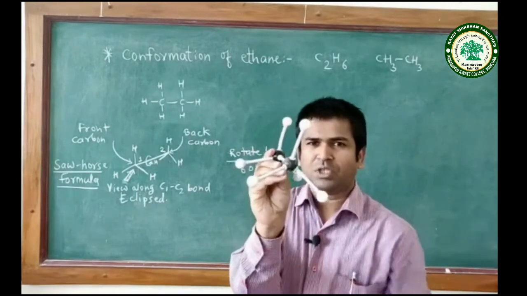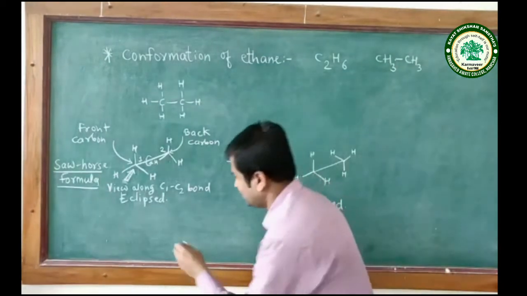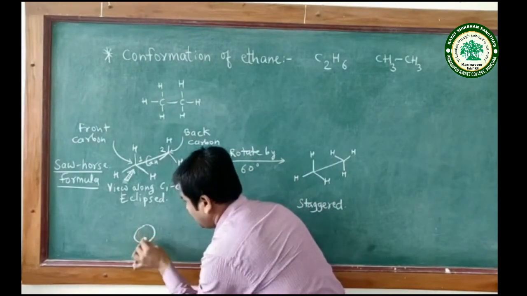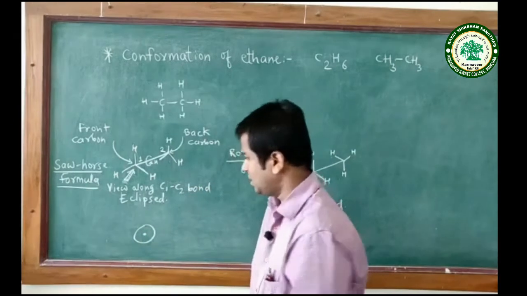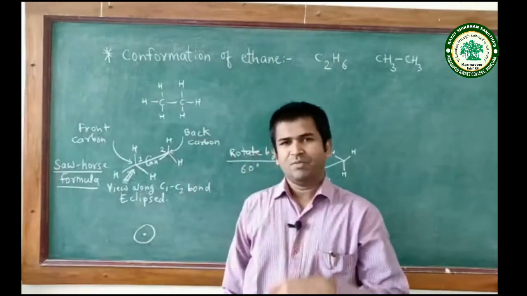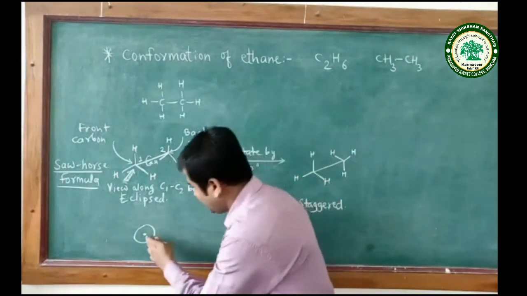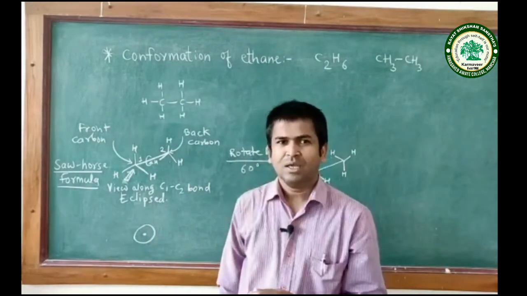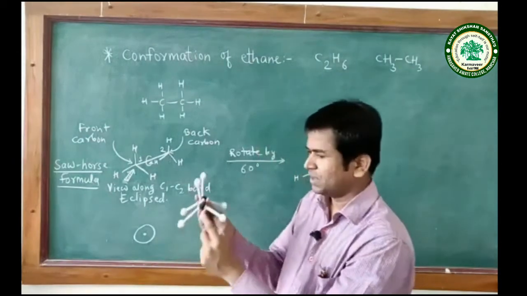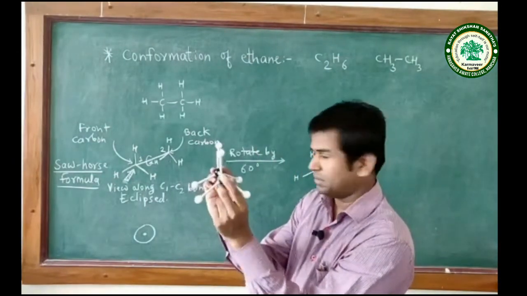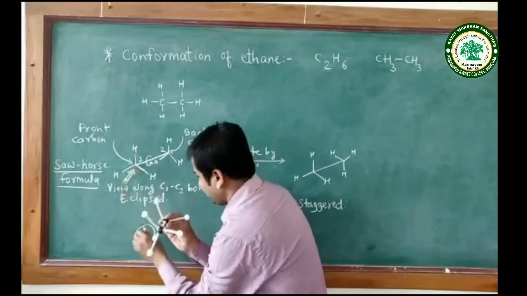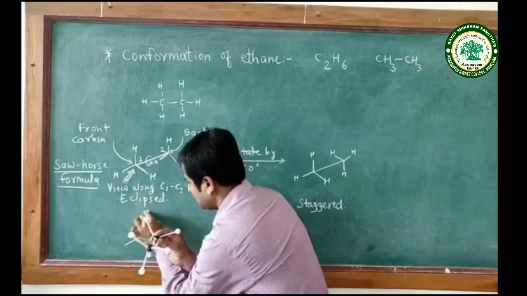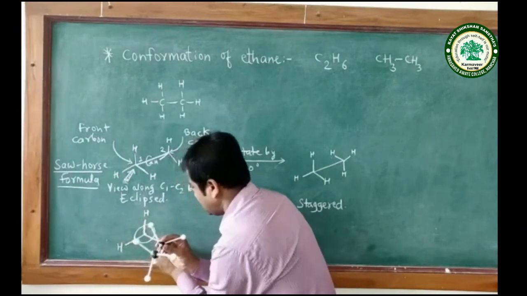Now for drawing the Newman projection formula, the formula is drawn like this: a center point and the periphery of a circle. The center point indicates the front carbon and the circle indicates the back carbon. Getting this? So this is the front carbon, this is the back carbon. At the front carbon, we observe the structure like this: hydrogen, hydrogen and hydrogen.